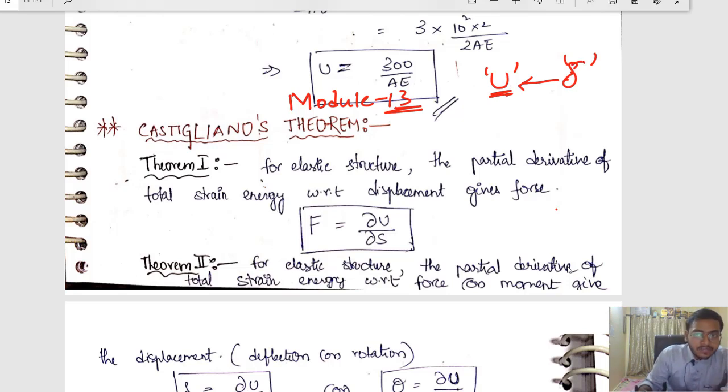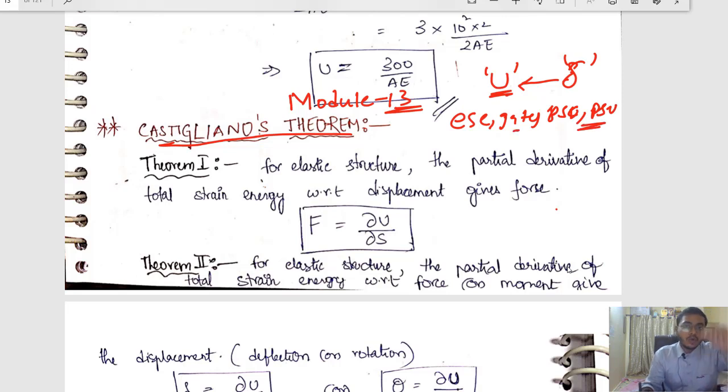The relation between this deflection and the strain energy was given by Castigliano's. There are two important theorems of Castigliano's, theorem 1 and theorem 2, both super important. For sure, ESE, GATE, PSCs and PSUs in this particular year are going to ask a question related to Castigliano's. Why am I so confident?